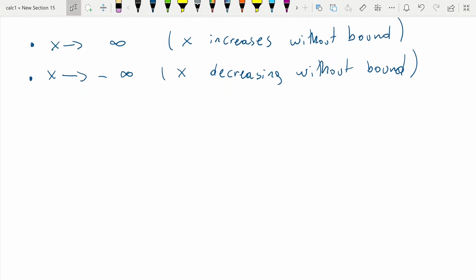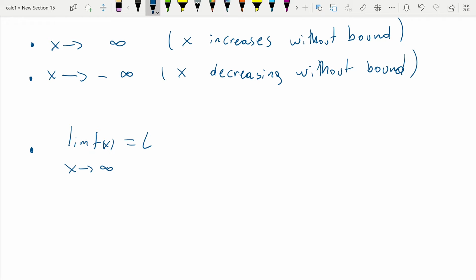Now, again, we recall the formal notion of what it means for something to have a limit as x approaches infinity.